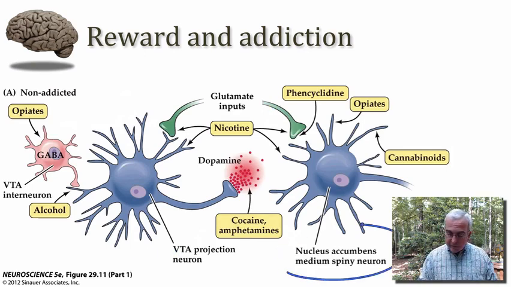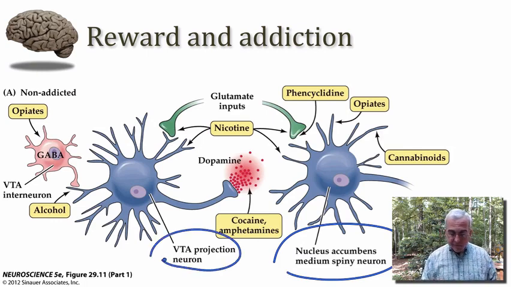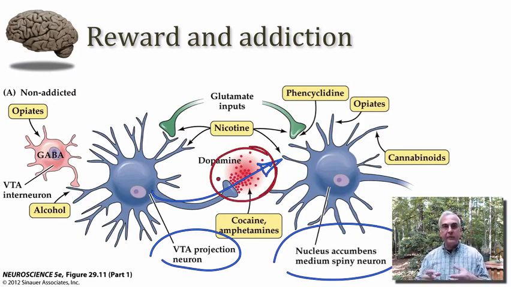Here to the right, here's the nucleus accumbens medium spiny neuron. And on the left, we have a ventral tegmental projection neuron, which provides input to this medium spiny neuron in the form of dopamine. So here we see a nice release of dopamine that would be signaling either the presence or the prediction of a reward.